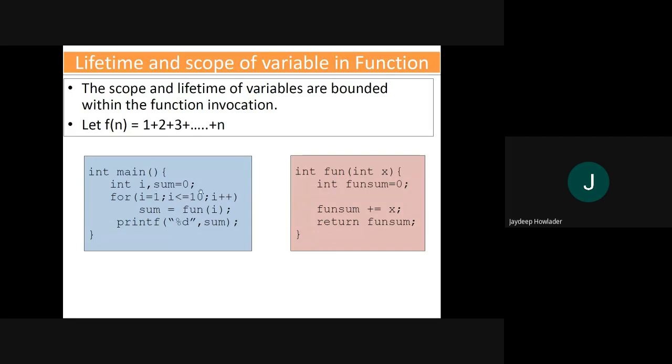There is a function call. This is the base function, this is the calling function. When the call happens, every variable in main remains in memory and is not destroyed. But when the function returns, everything defined in the function is destroyed. Get it? Yes, sir.